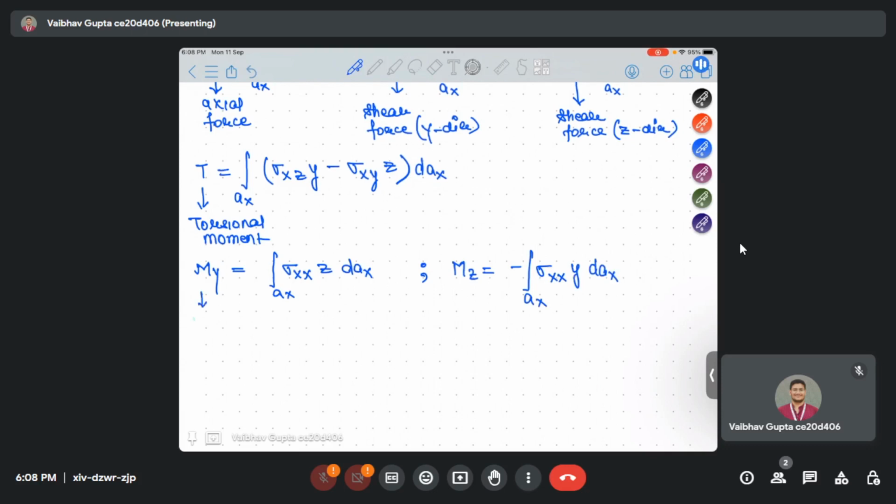This is bending moment along y direction, and this is bending moment along z direction.